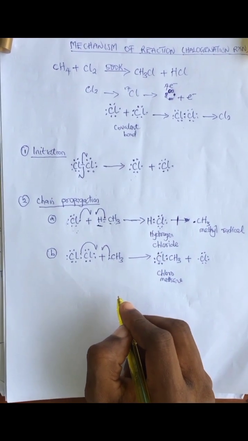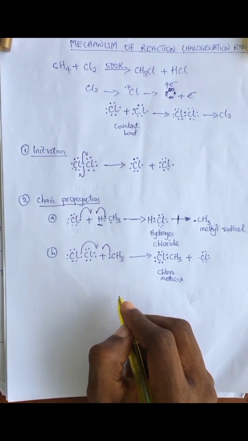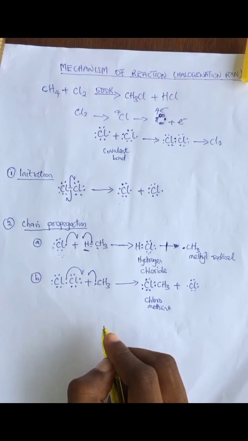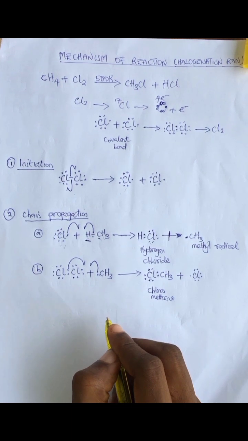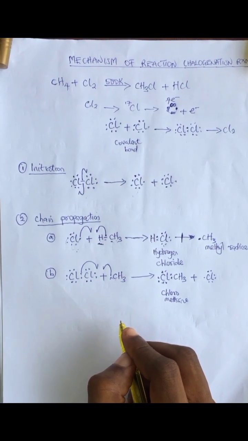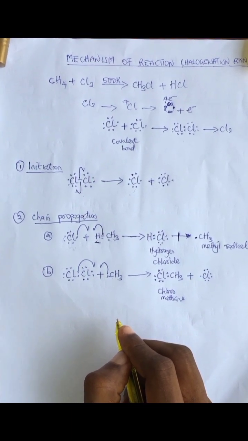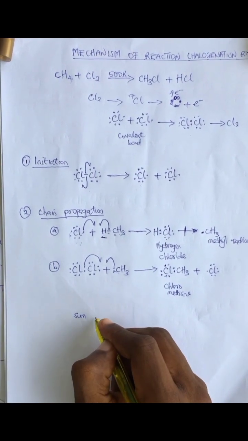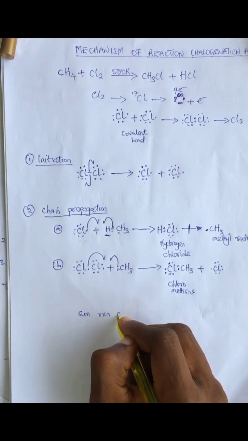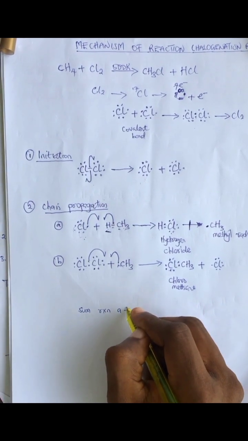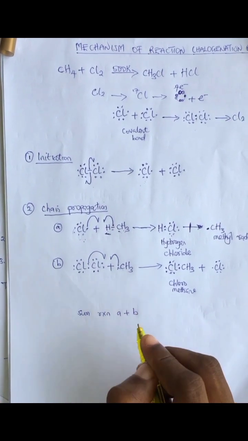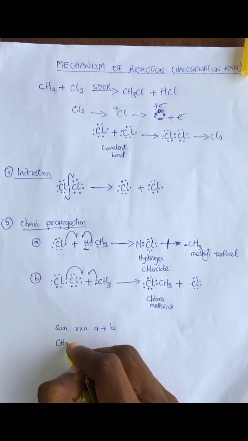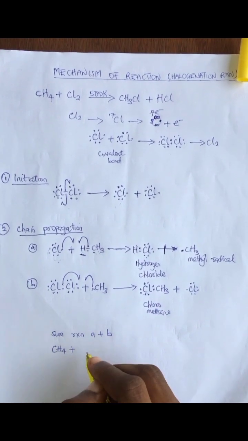This reaction will be continuous till all the chlorine atoms are used up, until all the hydrogen atoms are used up in the system. So if we sum reaction A and B, what we'll be having at the end of the day is our methane reacting with what?